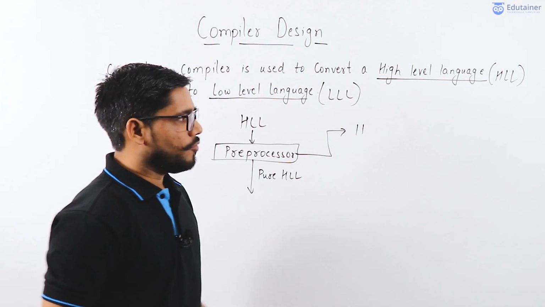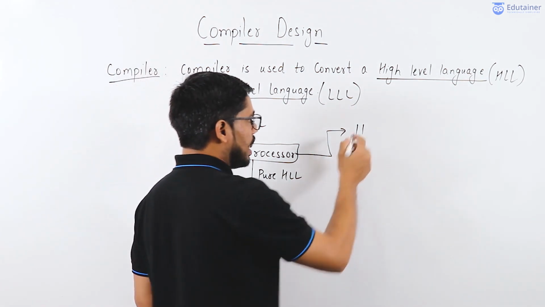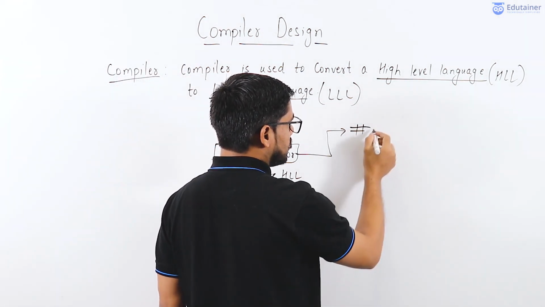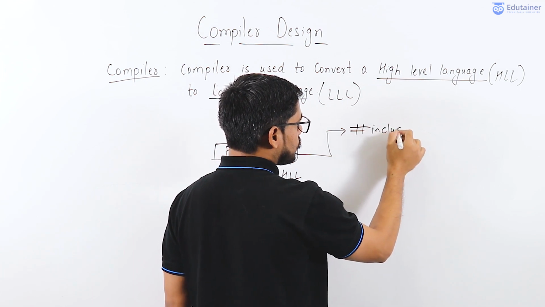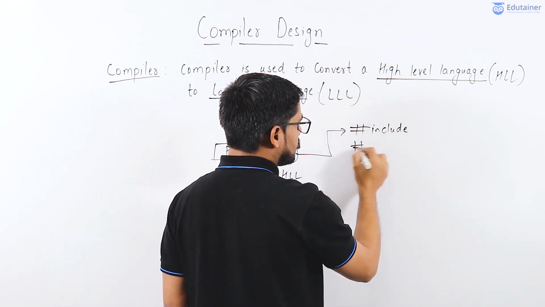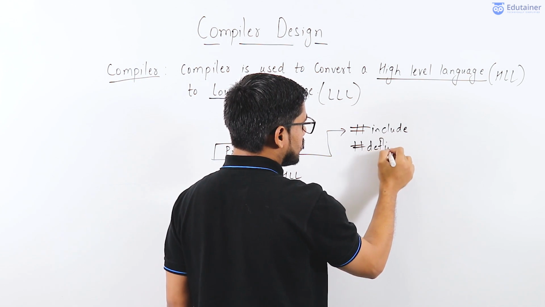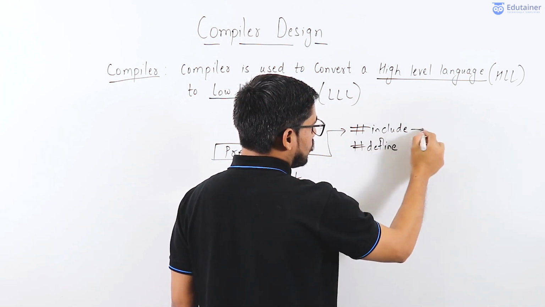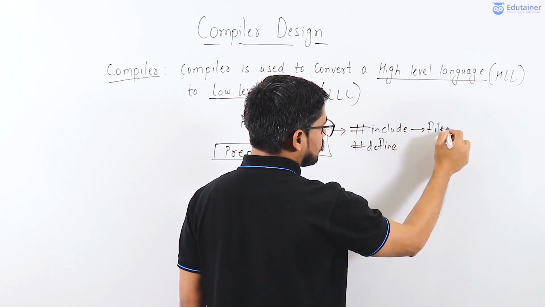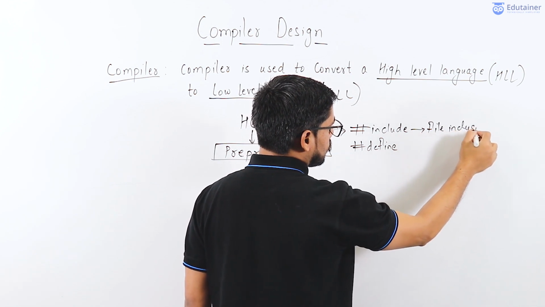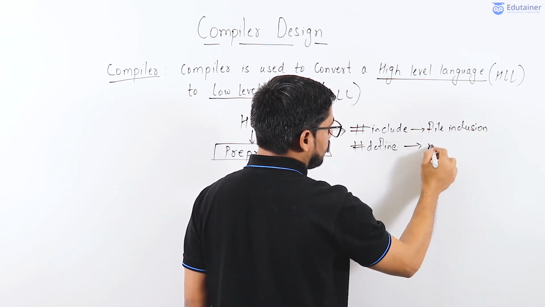If you consider the C language, it contains hash includes and hash defines. Hash include is called file inclusion, and hash define is called macro expansion.